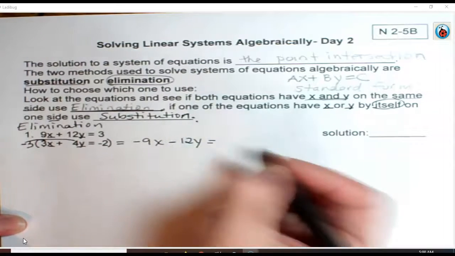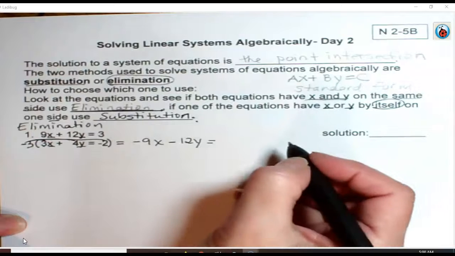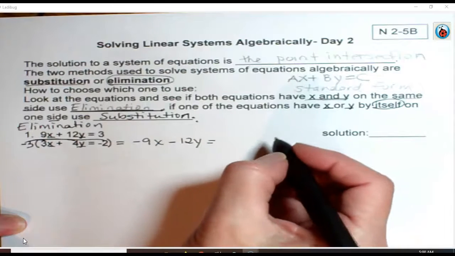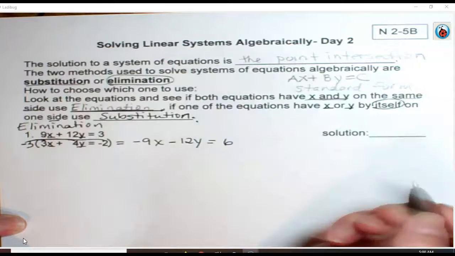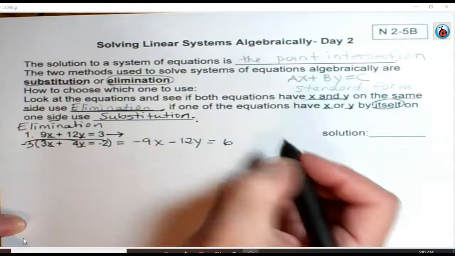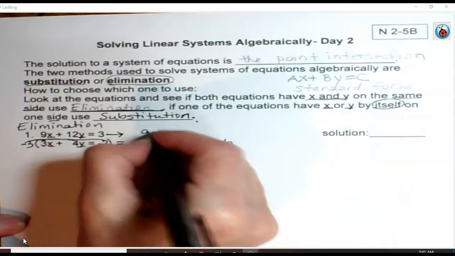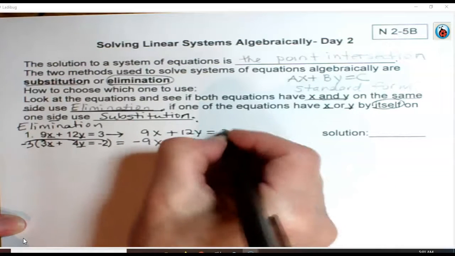Put your equal sign down. Negative 3 all the way across here to negative 2. Negative 3 times negative 2 is going to be a positive 6. Okay, then I'm just going to take this equation and write it right over it. 9x plus 12y equals 3.